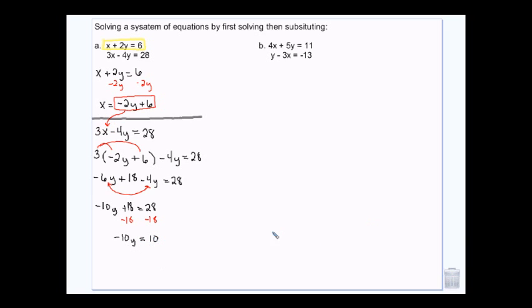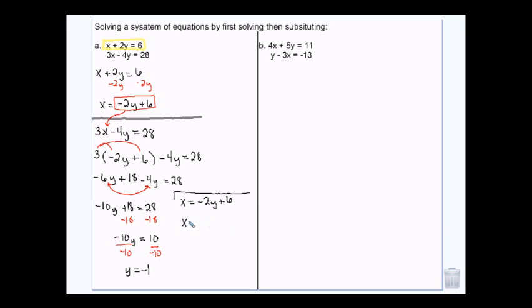Okay, -10y equals 10. Divide by -10 to get y equals -1. So x equals -2y plus 6 from here.